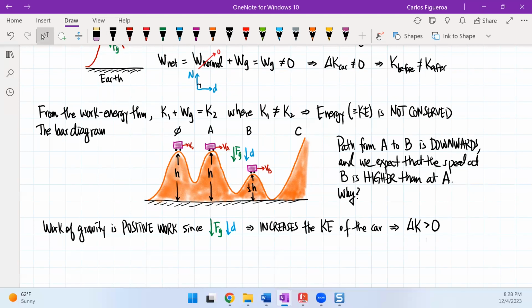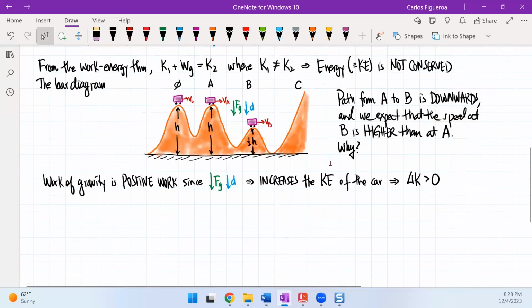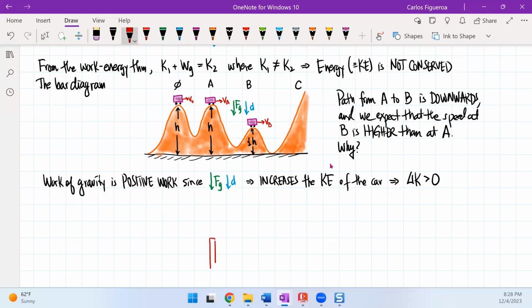So now, if I look at my bar diagram from that, I'm going to say that A is going to be this big. So the kinetic energy at A plus the positive work done by gravity should then cause the kinetic energy at B to be higher here.